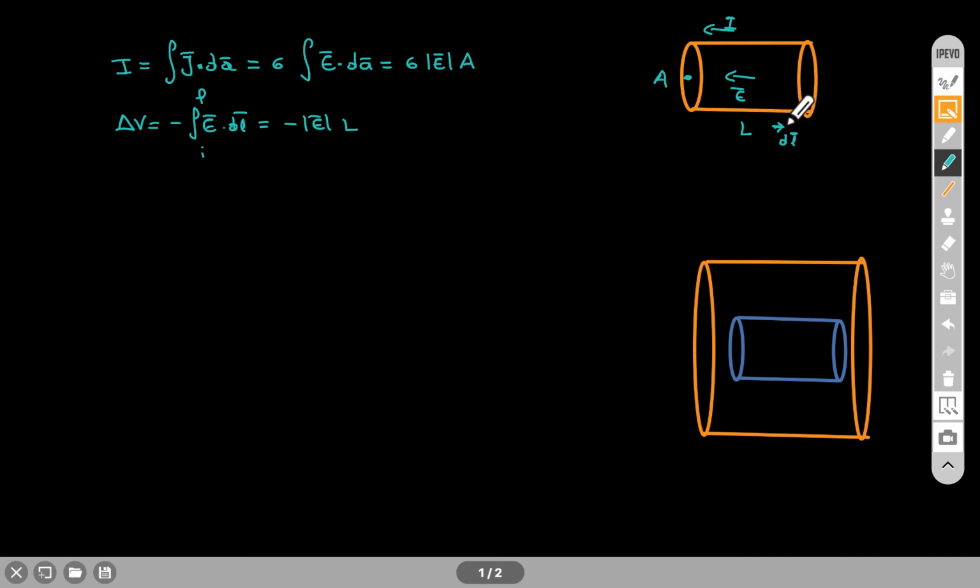But you need to keep in mind that the element dA is here, dl is on this side.